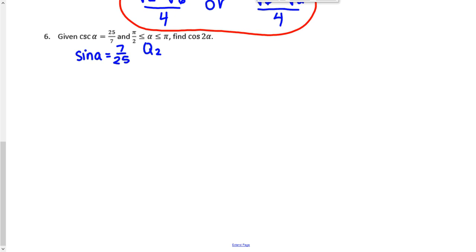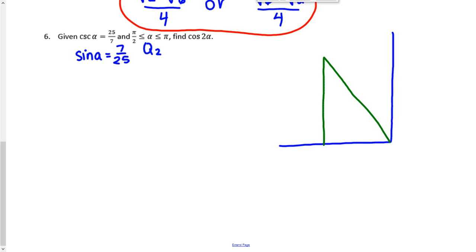All right, let's draw this triangle real quick. You said second quadrant. I'm going to go back to the green. Straight out. Back down. Oops, that should be a right triangle. I know that the sine is 7/25, so sine is what over what? Opposite over hypotenuse.